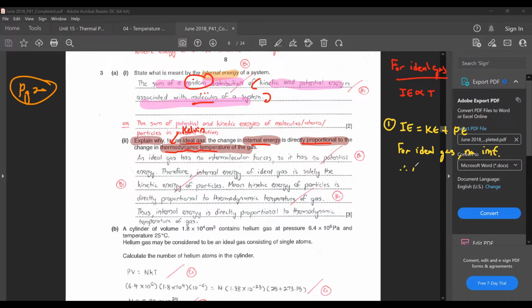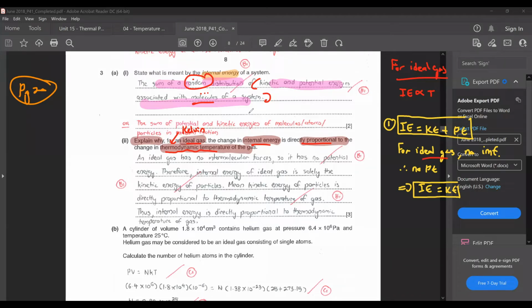Therefore, no PE. So this equation that we have originally will become: internal energy is just equal to the kinetic energy of your molecules. This is the conclusion you can get when it comes to ideal gas.